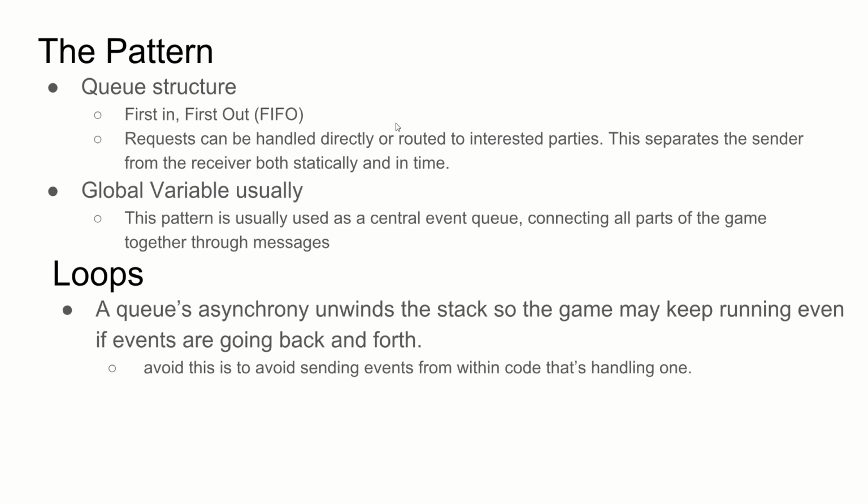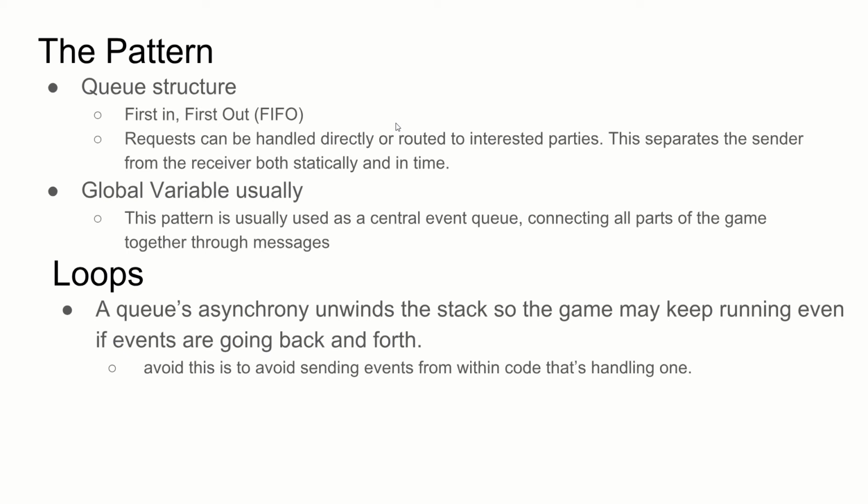A queue's asynchrony unwinds the stack, so the game will keep running even if the events are going back and forth. We might have to watch this because we don't really want nesting requests. Let's say this request has something inside and then it just goes back.